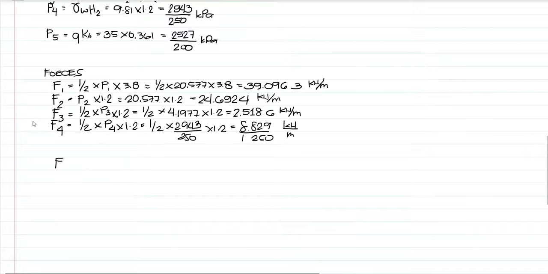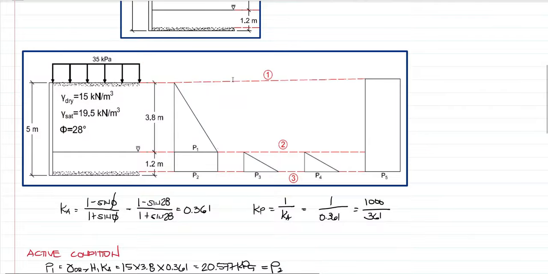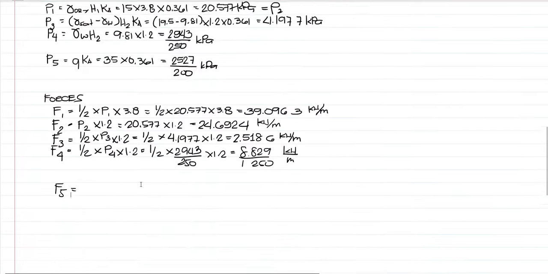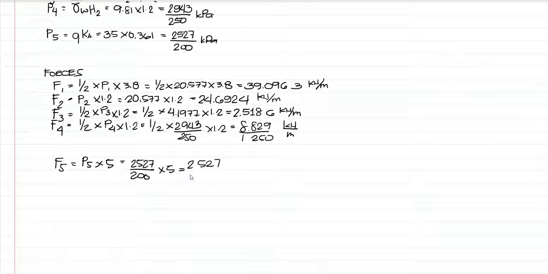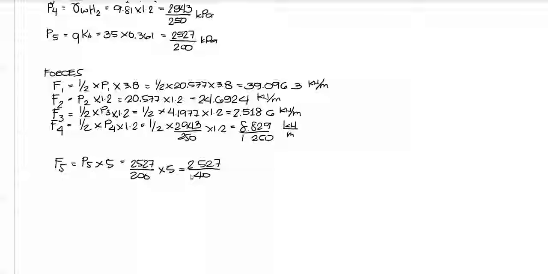F sub 5 is just equivalent to a rectangular one having a height of 5 meters and a pressure P5. So, that will be P5 times 5 meters, which is 2527 over 200 times 5. So, that will be equivalent to a value of 2527 over 40. So, this is in kilonewton per meter.